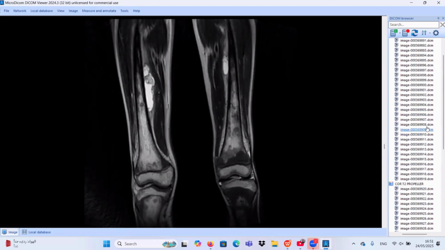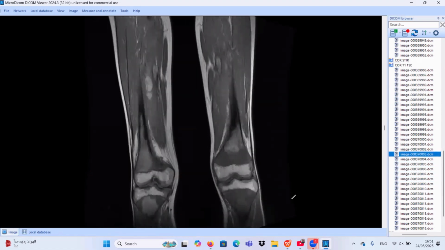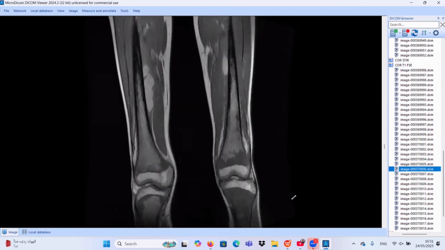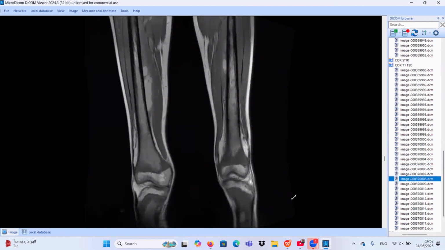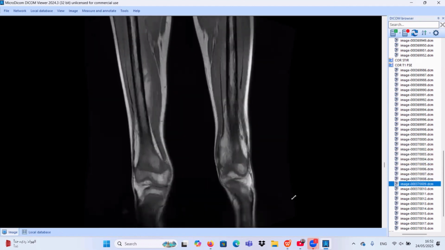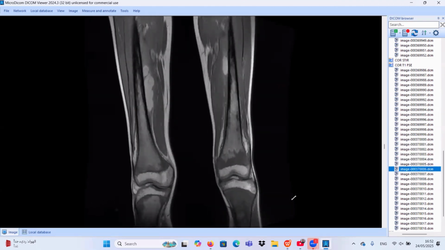Okay. Let's move to the next plane. This is the T1. Okay. The marrow signal is still abnormal, and it's hypointense compared with the normal appearance of fatty marrow. Okay. And I am also surprised that what I thought was fluid collection at the medial aspect of both femora is now displaying high signal in T1.